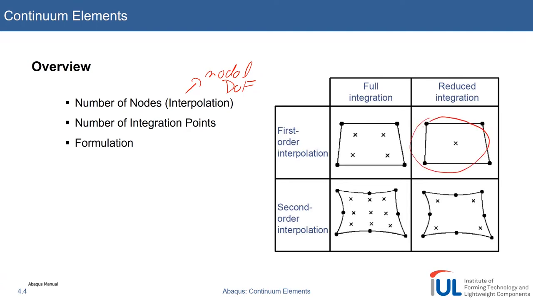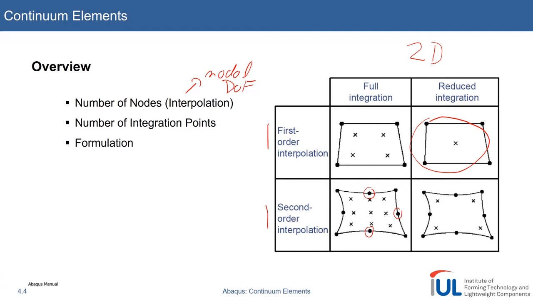That is divided into first and second order interpolation, and basically means that you have one more node along the edges. This is just a depiction for 2D, but I could equally show you the 3D cases here, which would be then just much more complex. So this is good for a start here.